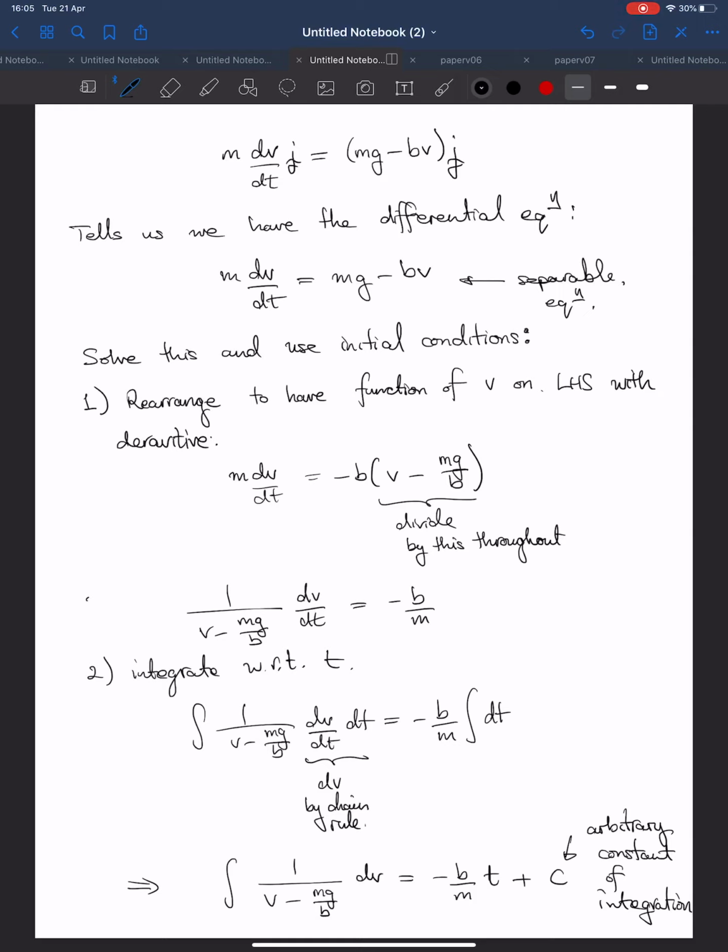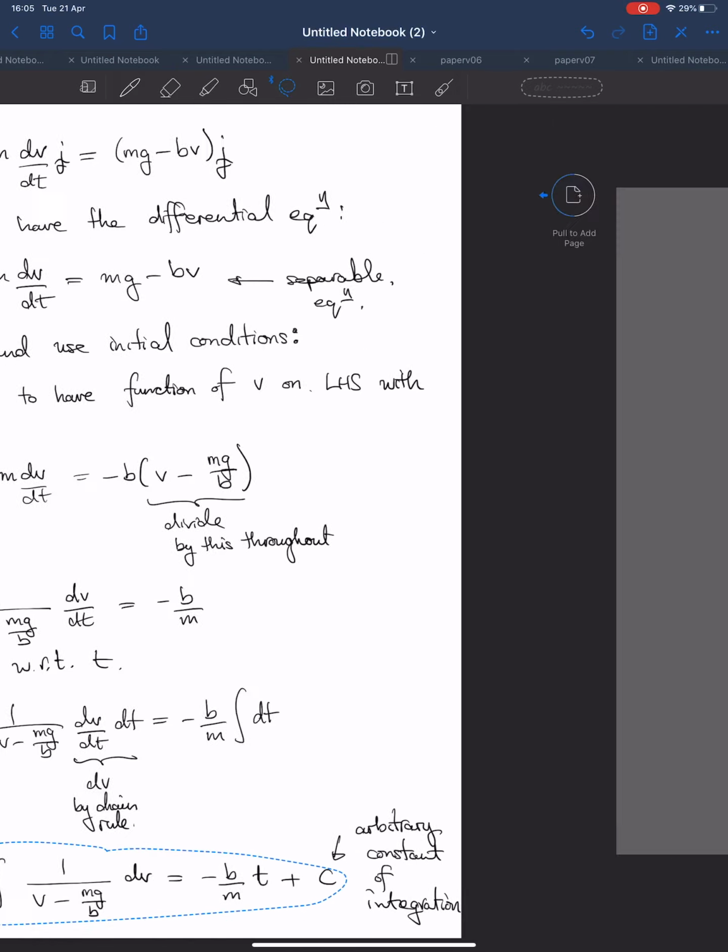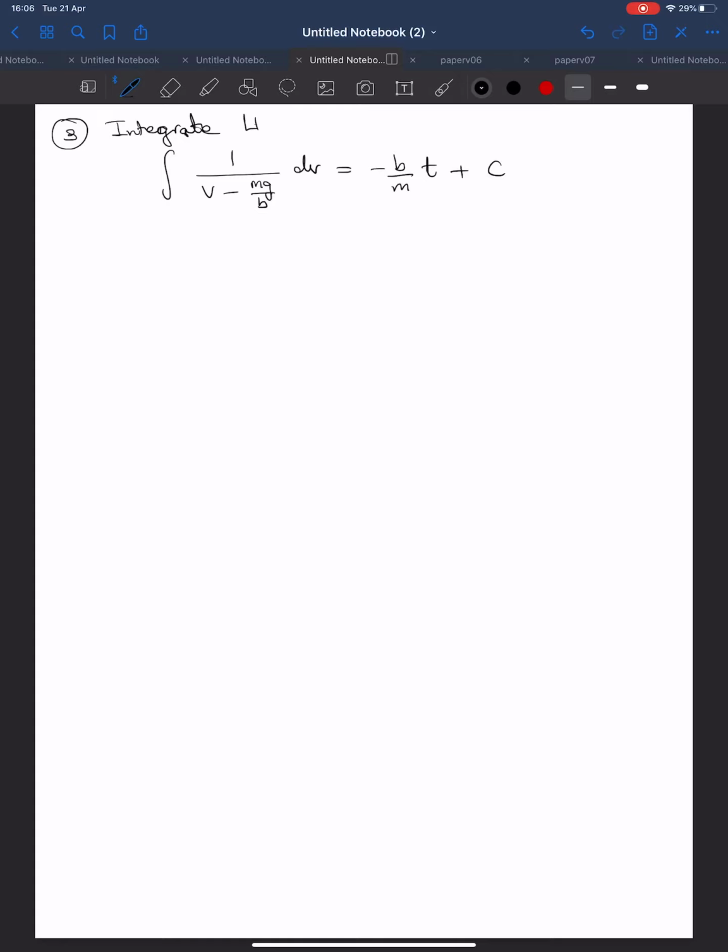Well, I'm taking this now. So the next step, I'm taking this equation, and what we can do is now integrate the left hand side, then rearrange for v.